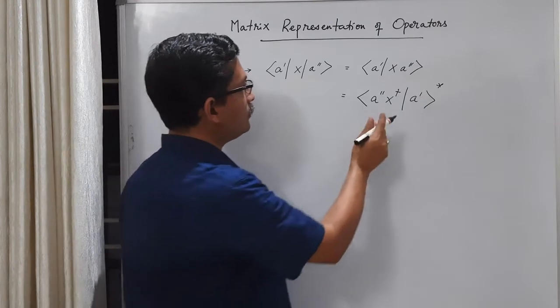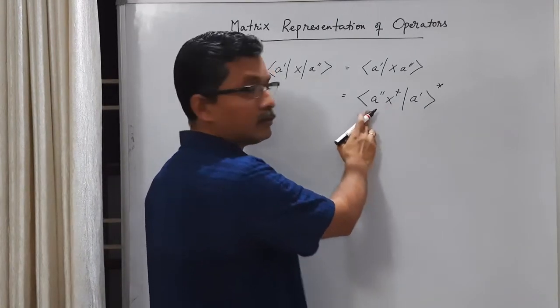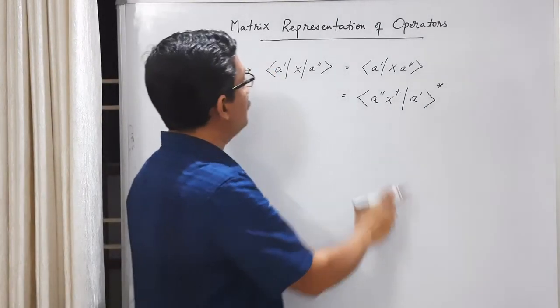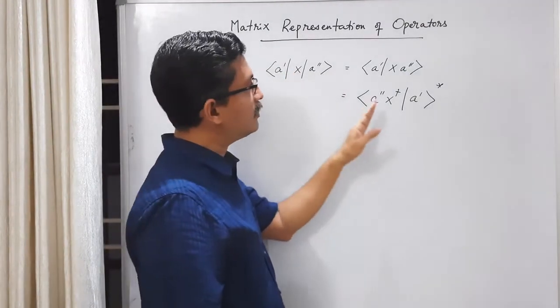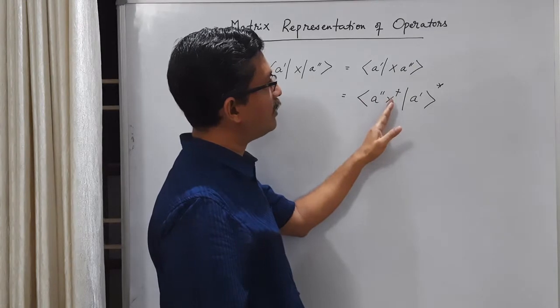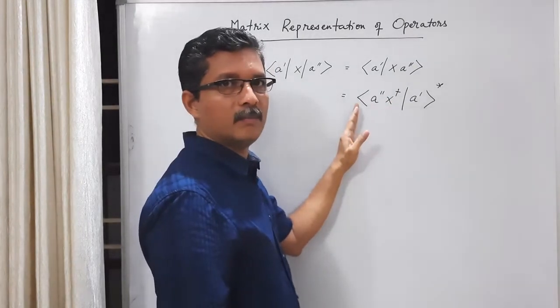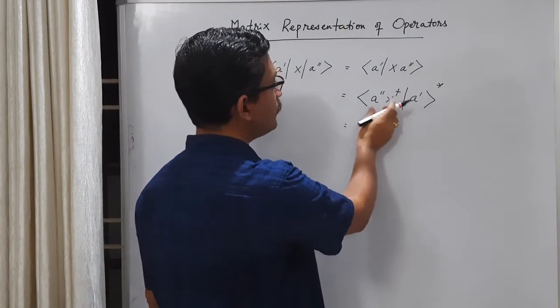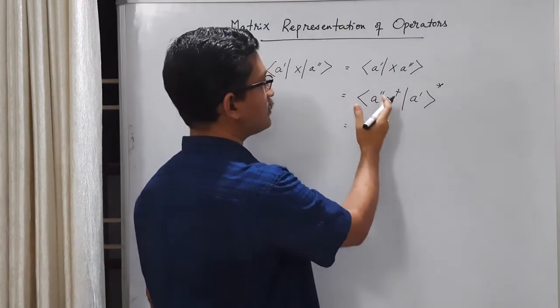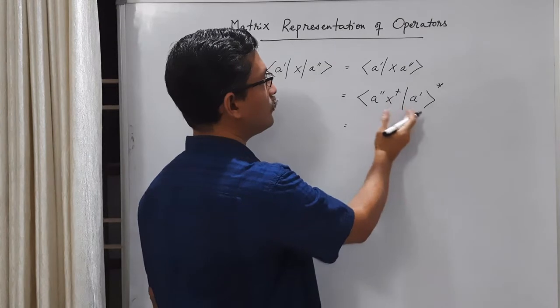Now, this x dagger is operating on the bra vector. When we have an operator here, normally it is acting on the ket vector, but when you put x dagger here, it is acting on the bra vector. With this understanding, let us again write it in the middle of the two vectors.